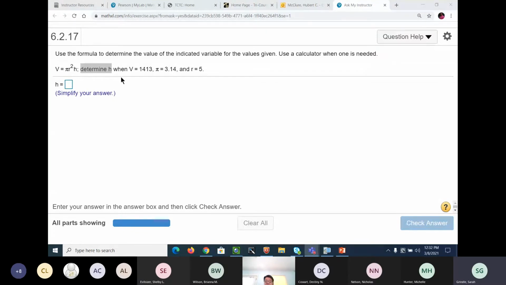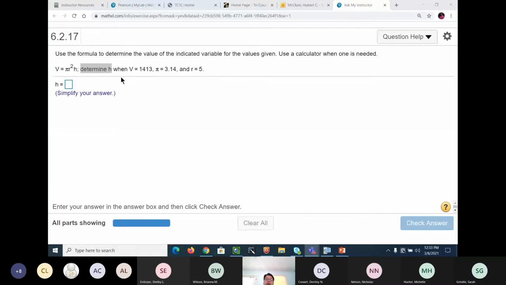So on this problem, it says V is equal to pi r squared H. And then it says solve for H. And then it says plug and chug: V is equal to 1413, pi is equal to 3.14, that's normal, and R is equal to 5.